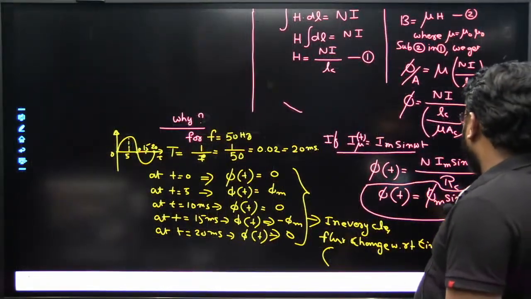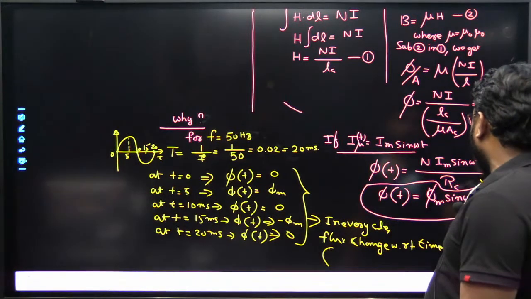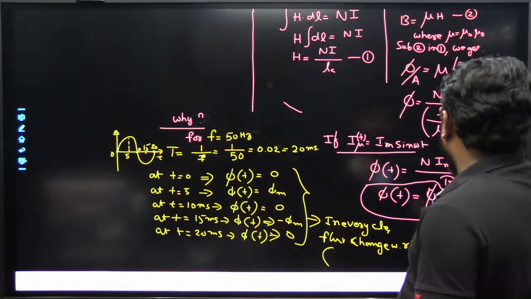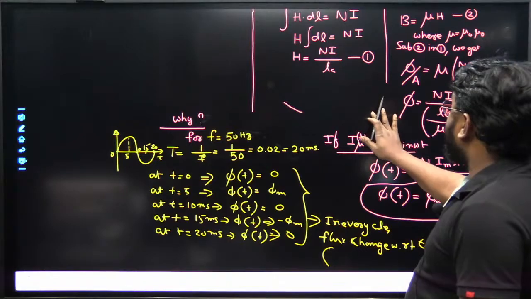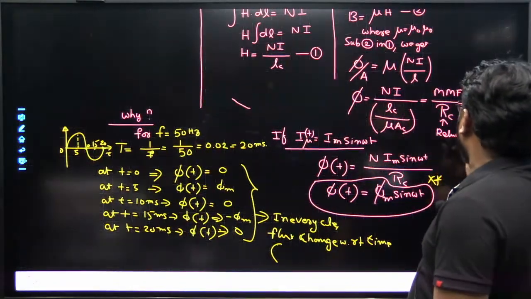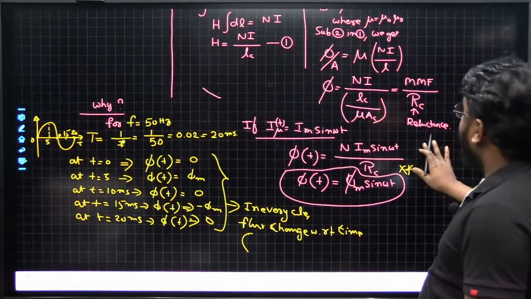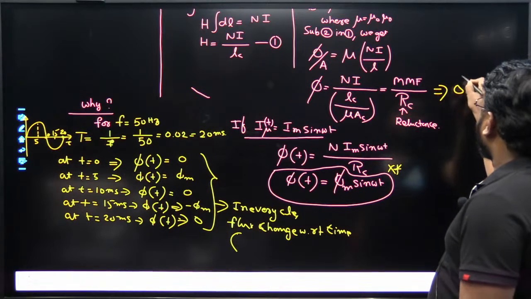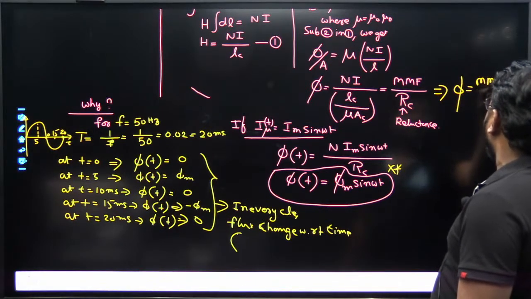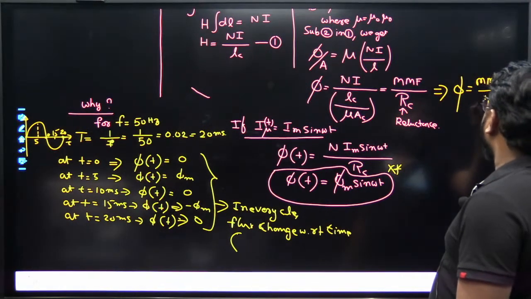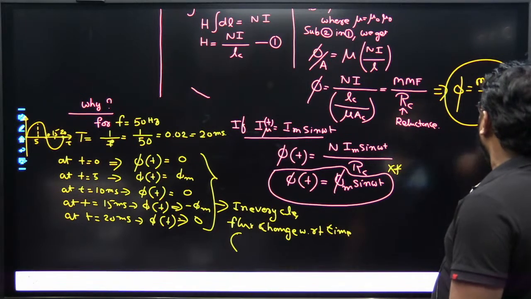Flux is equal to mmf by reluctance. So the flux is equal to the ratio of mmf to the reluctance of the core.